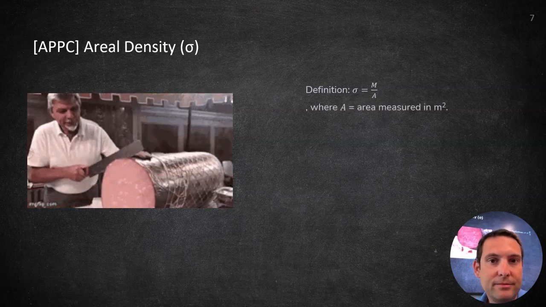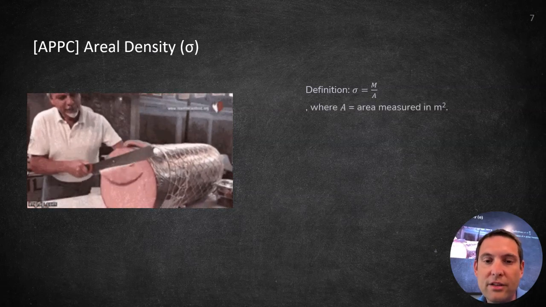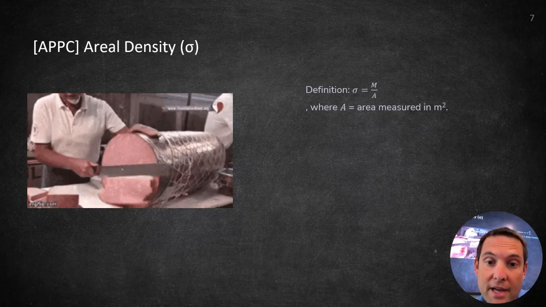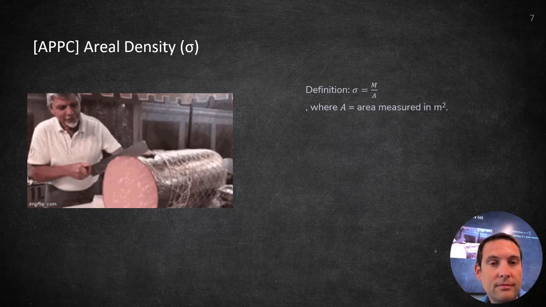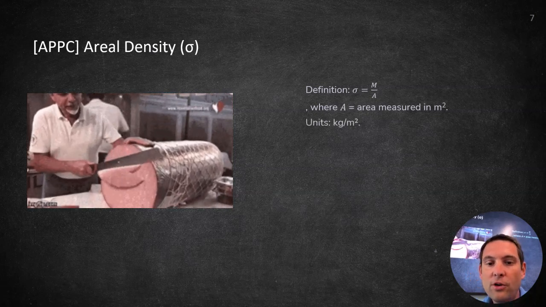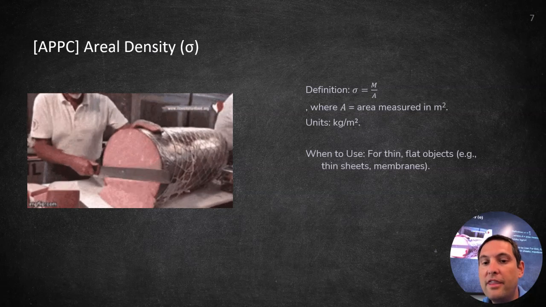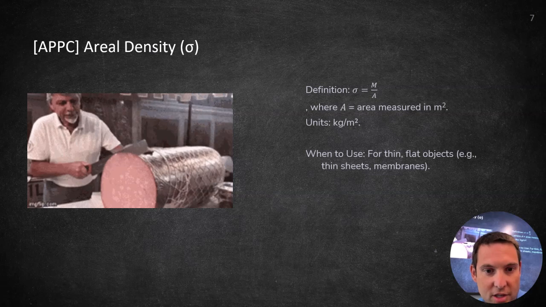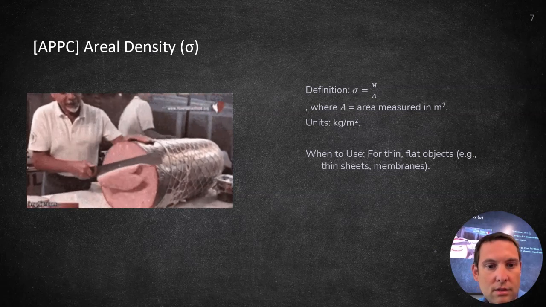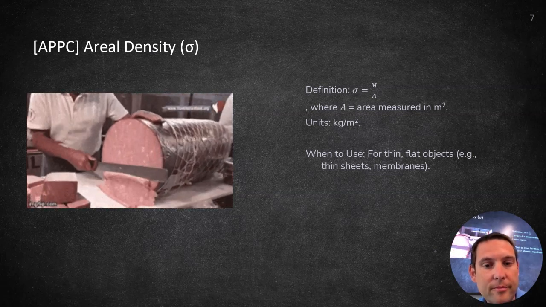Areal density, using the Greek letter sigma, tells us the mass per unit area, not volume. We're going to use this whenever we are dealing with things that are thin and flat, like this giant salami. We can find the areal density.